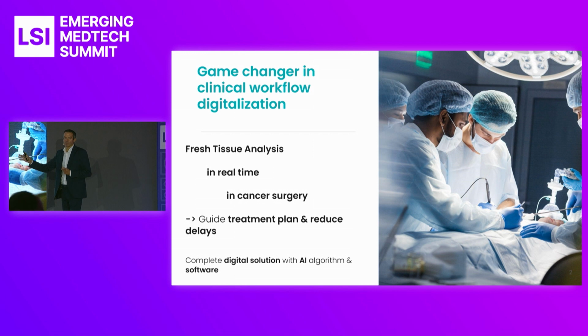We're going to talk about what SamanTree does. We're doing fresh tissue assessment. So basically the tumor excised specimen to be analyzed in real time in the operating room in a variety of cancer surgeries. And so what that allows, and what really the goal is, is to guide treatment plan during surgery and reduce time.